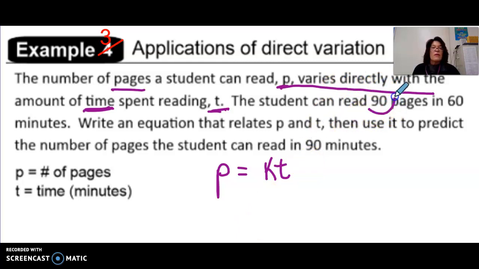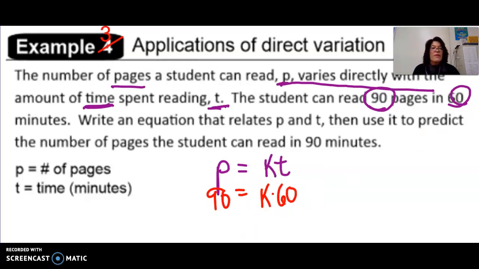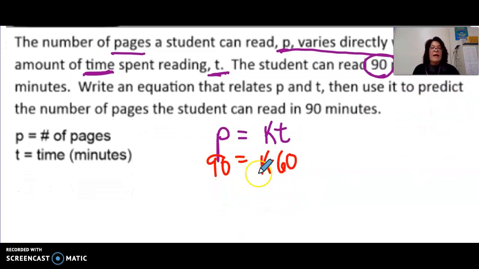Now I know the student can read 90 pages in 60 minutes. So I'm going to put 90 in for P and 60 minutes in for T, so that I can find that K number, that constant of variation, or the slope. I'm going to divide both sides by 60. If I divide that by 10, I get 9 over 6.